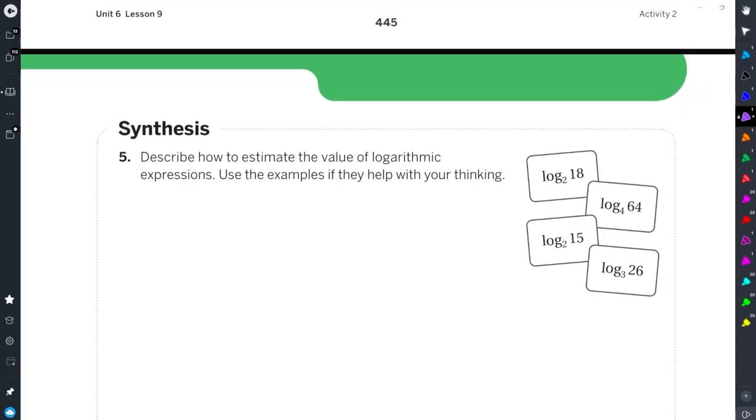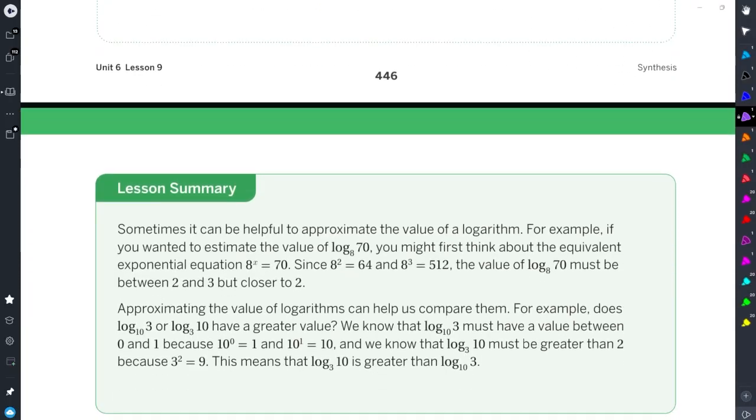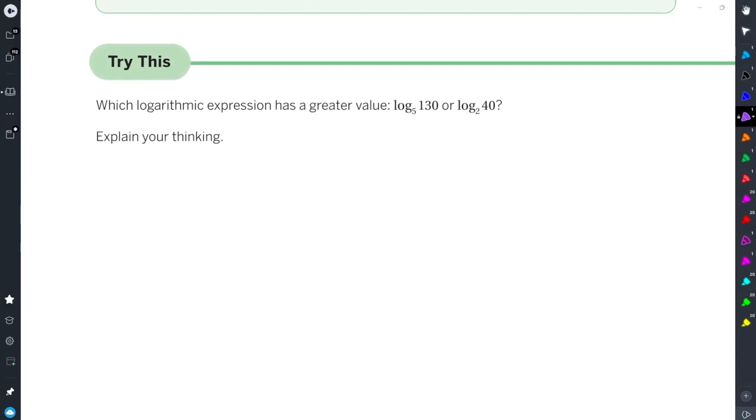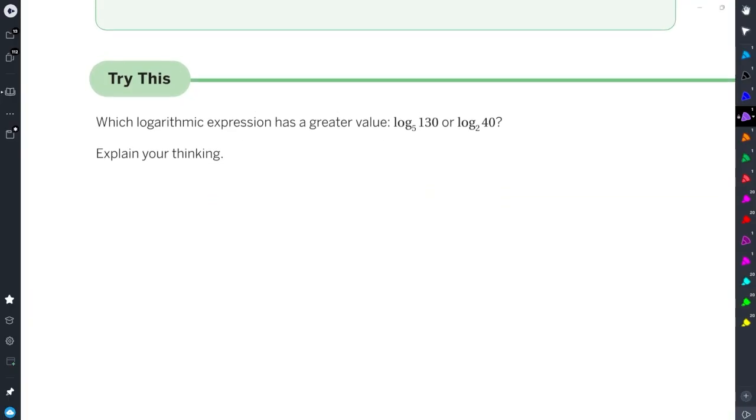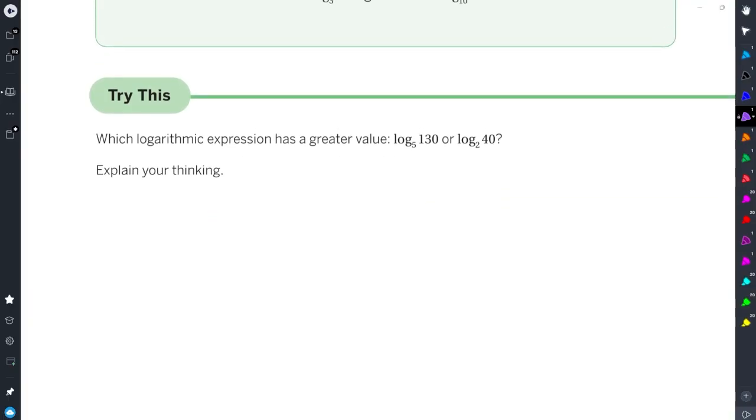For the synthesis, we're not going to do that, but I do want to try this. It says, which logarithmic expression has a greater value, log base 5 of 130 or log base 2 of 40?